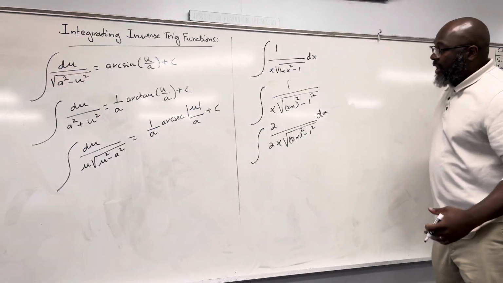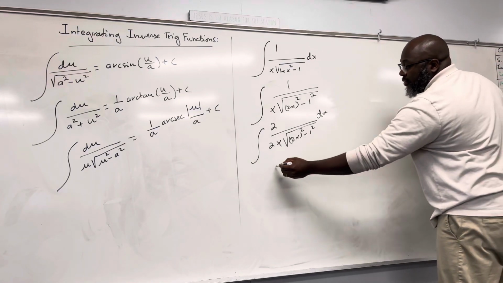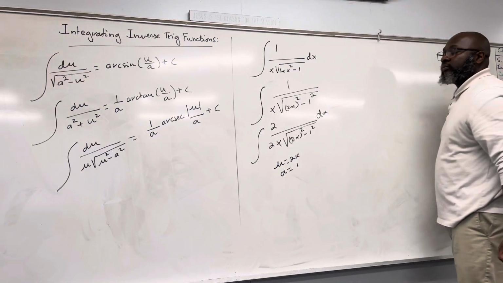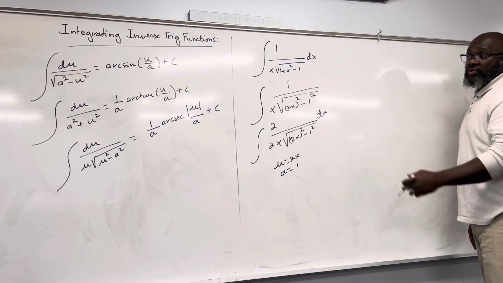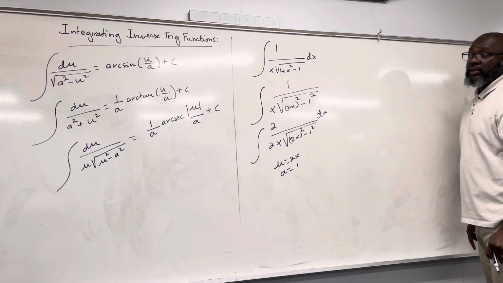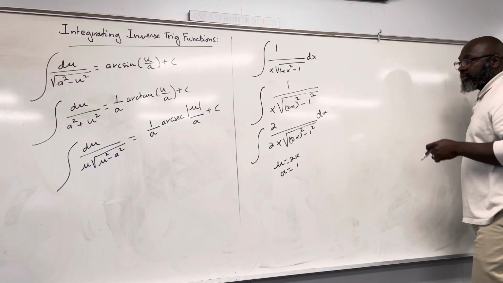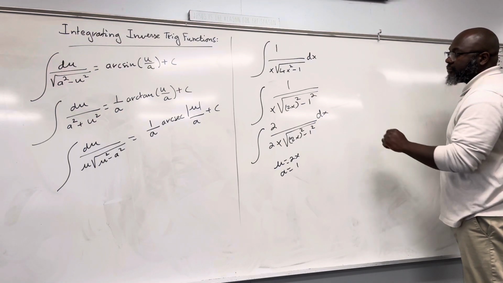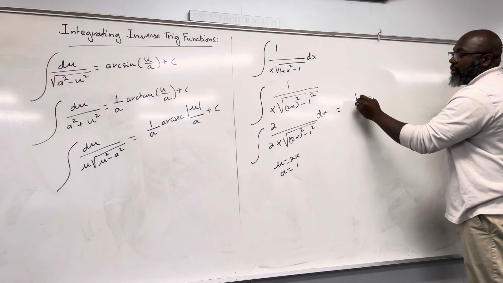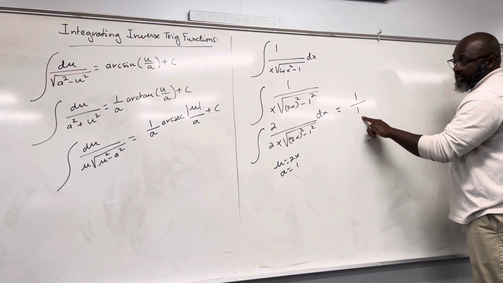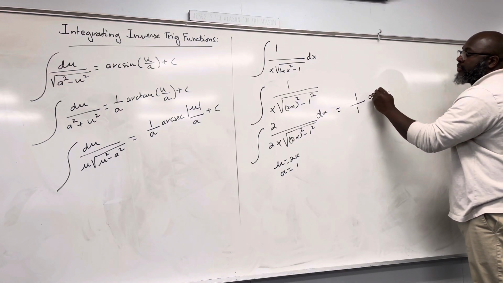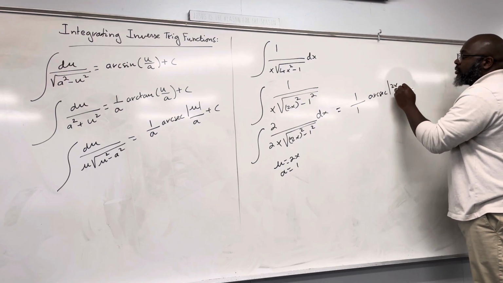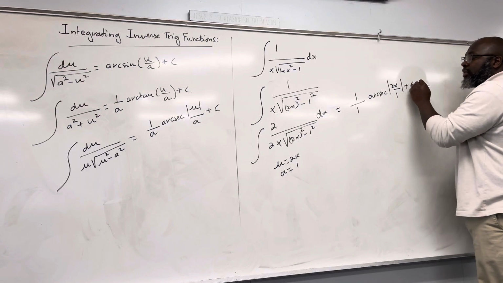So now I can apply my formula. U is 2x and a is 1. So that gives me 1 over a, which is 1 over 1 because a is 1, arc secant of u, which is 2x over 1, plus c.